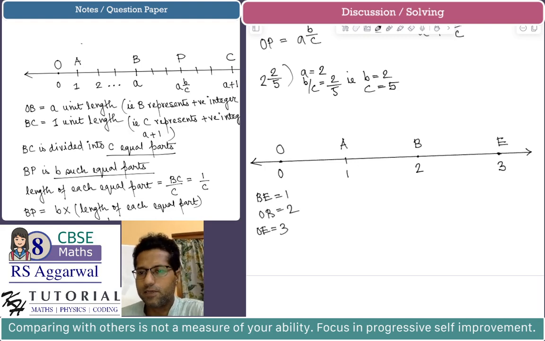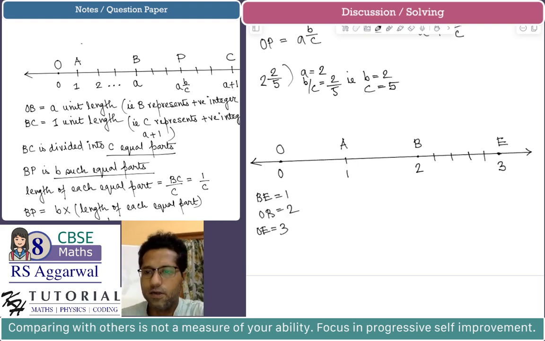Now I will divide the segment BE into 5 equal parts. Why 5? Because in the fraction part 2 by 5, the denominator is 5. So I will divide it into 5 equal parts, roughly: 1, 2, 3, 4 and 5.